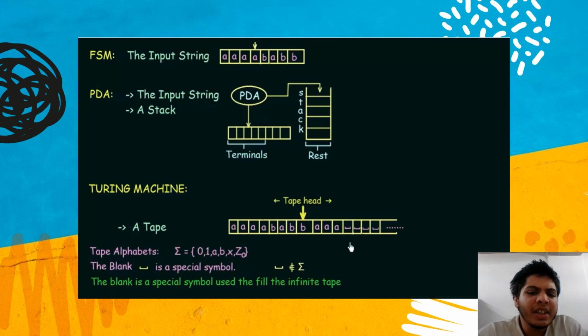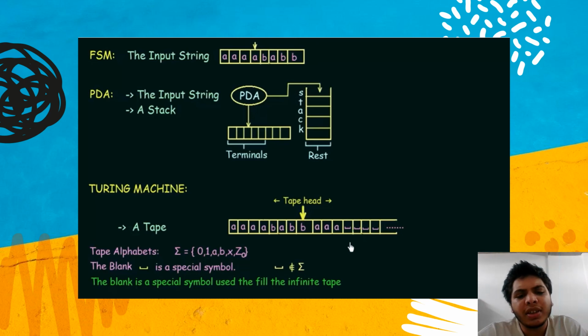And if you see here, we have the tape alphabets, which are represented by sigma. Sigma is used to represent input symbols. And the tape alphabets can contain 0, 1, a, b, or any kind of symbols like this. And as I told you, the blank symbol is a special symbol. Something that you need to know is that the blank symbol does not belong to sigma. That means the blank symbol is not part of the tape alphabets, or it is not part of the tape symbols.